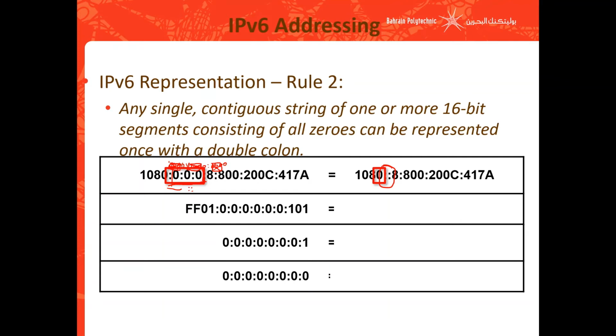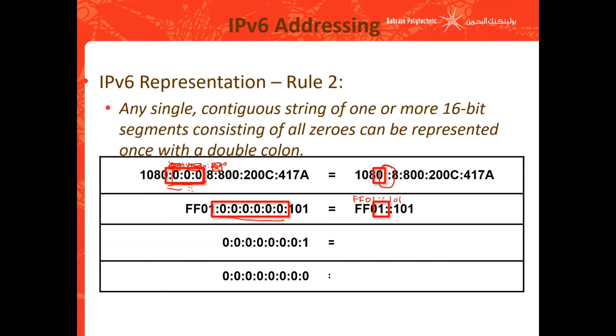Now, taking a look at an IP address like this one, you have all of these as continuous zeros. So what you could do is just write the ones that are not zero first. So FF01, 2 colons representing that there are continuous zeros, and then 1 0 1, like this.